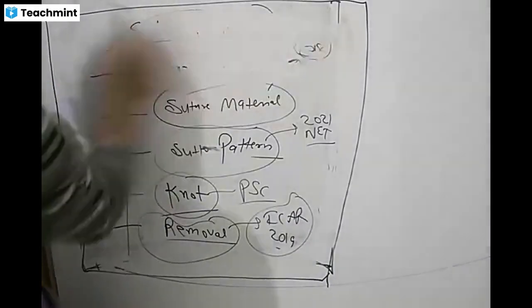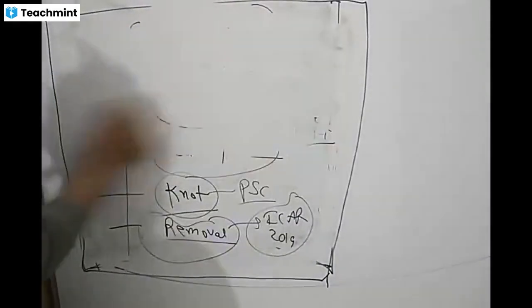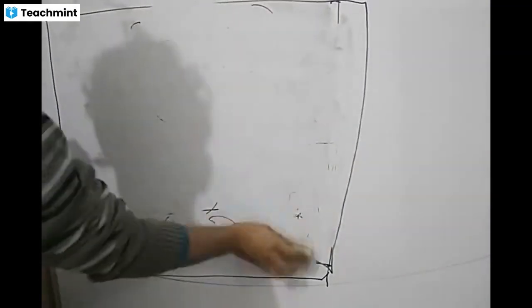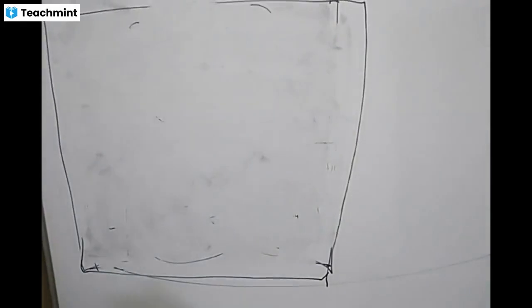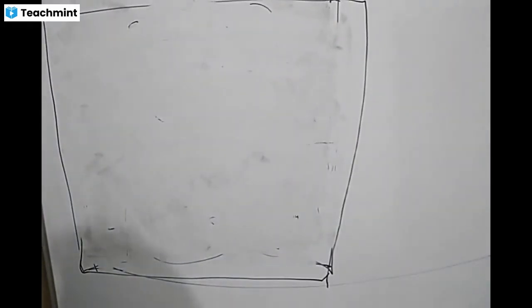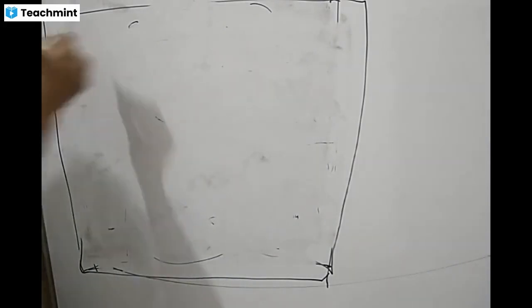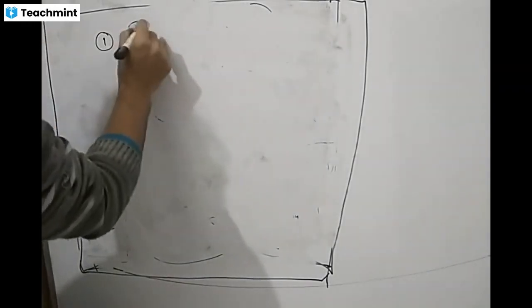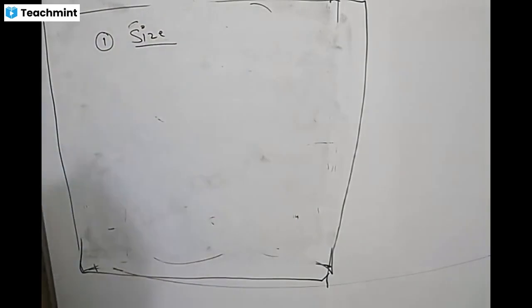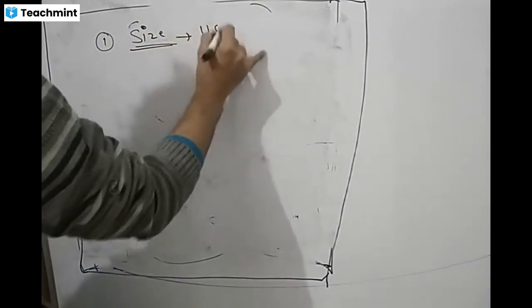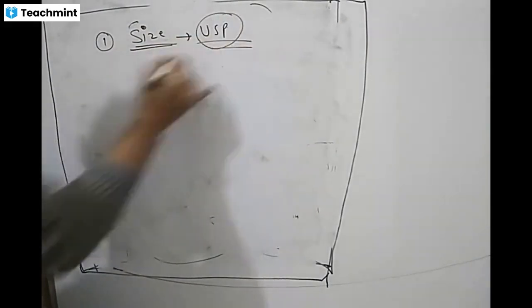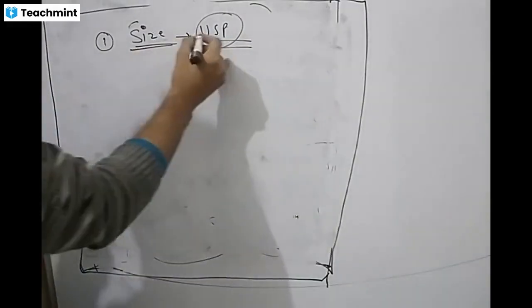The first topic is the characteristic of suture. As we know, there is nothing like ideal. All the suture materials have their own properties and their own characteristics. If we start with the first characteristic, that is the size of the suture material. These sizes are given by different standard government committees.